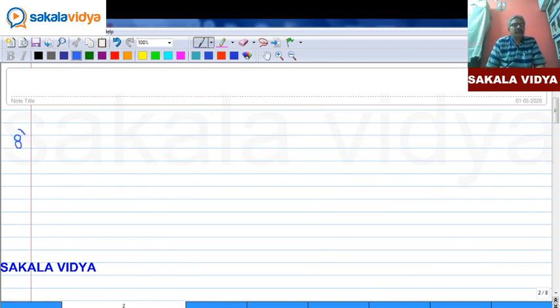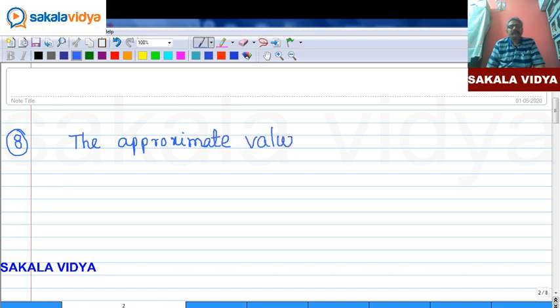So now the 8th problem. The approximate value of sine 46 degrees. Sine 46 degrees.